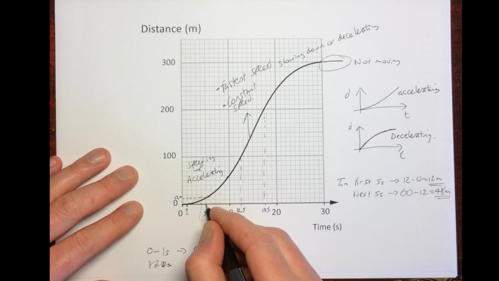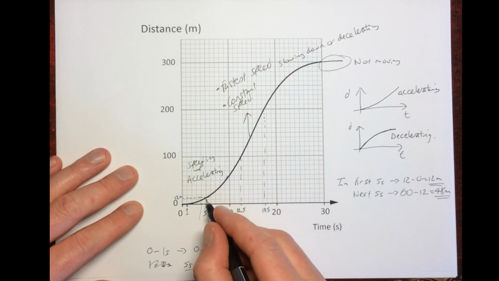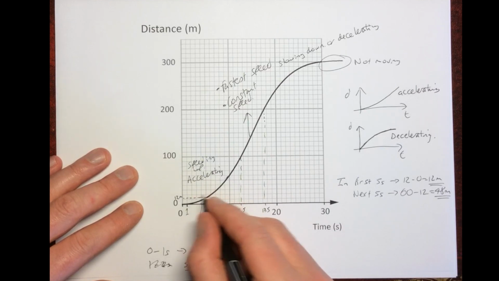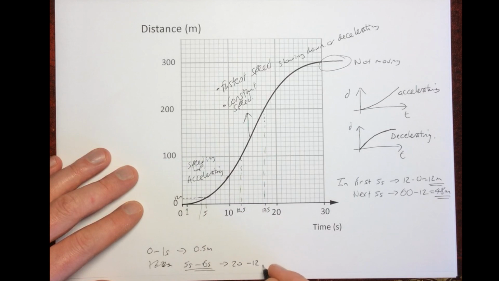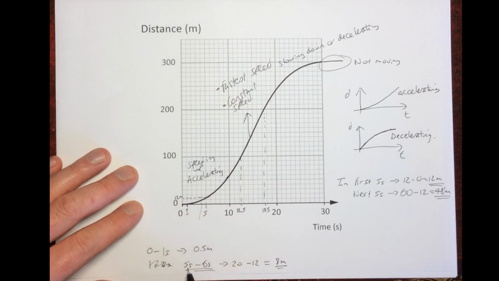If you look here then, from 5 to 6 seconds, we're travelling from 12 meters up to about 20 meters. So 20 minus 12 equals about 8 meters.